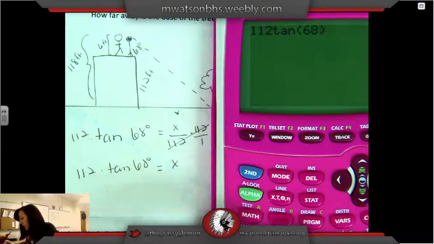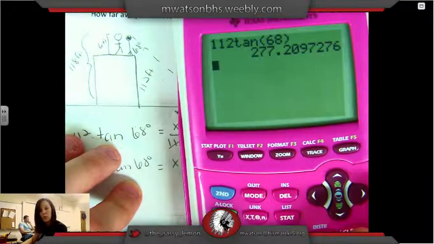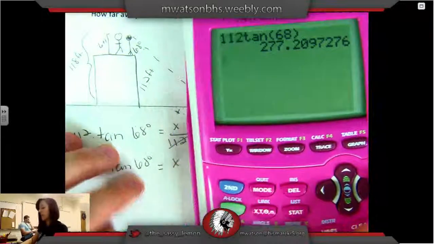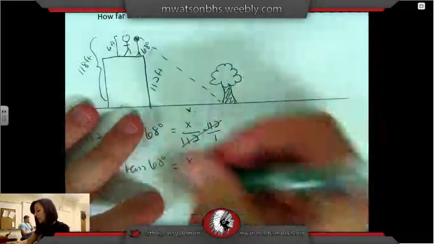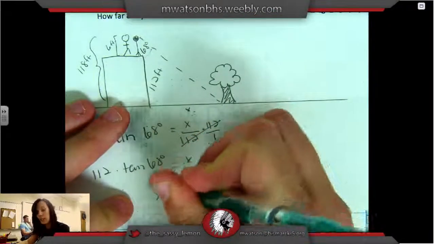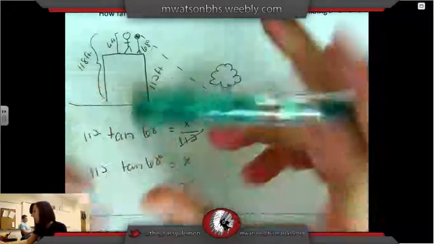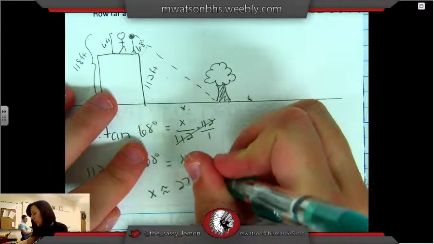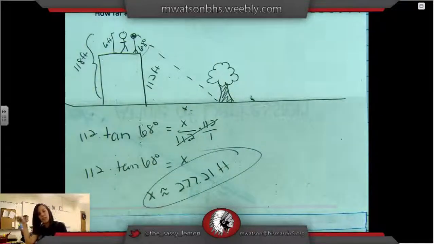Make sure your calculator is in degrees, and it looks like 277.209. So that's 277.21. X is approximately 277.21 feet. That's how far away the base of the tree is.